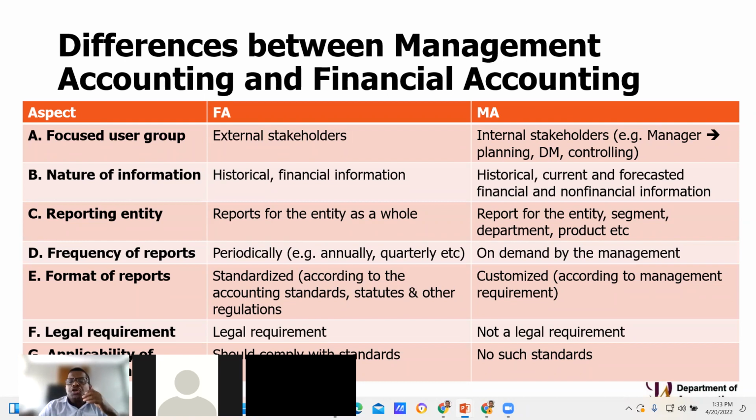Depending on the information requirement, you prepare reports. Maybe production management wants to know each product's manufacturing cost, each product's material cost, or the components of a product. Suppose you are producing this pen.